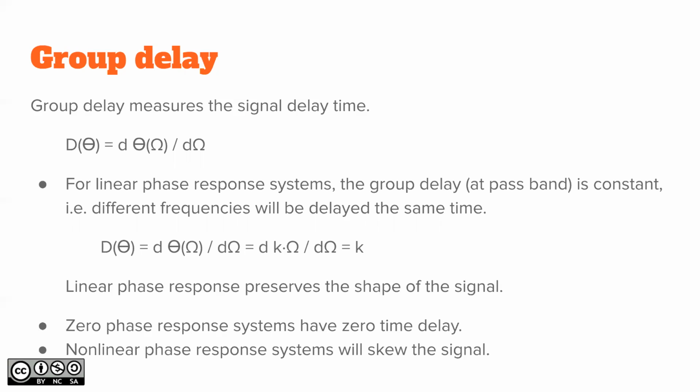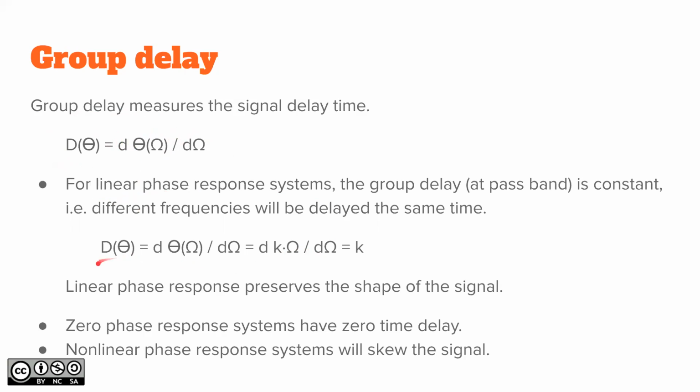This should also have been a part of the analog signals courses you may have had. Group delay measures the signal delay time. Simply speaking, it's just the angle derivative of the phase angle. So for a linear phase response system, that k gives the delay time.